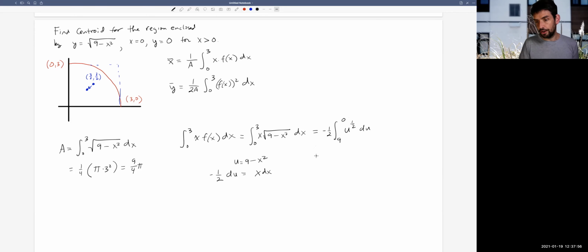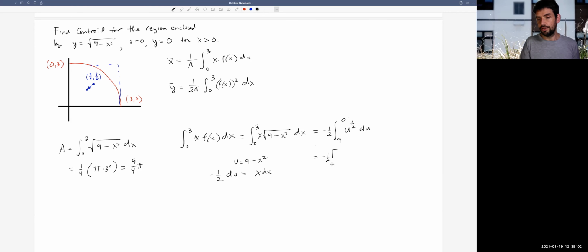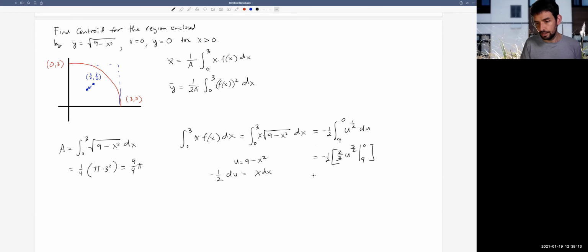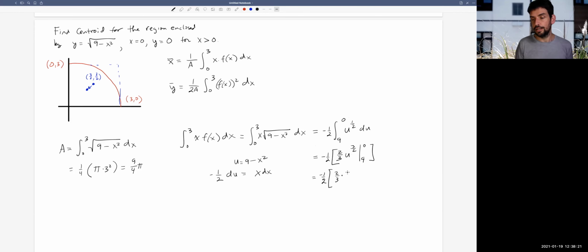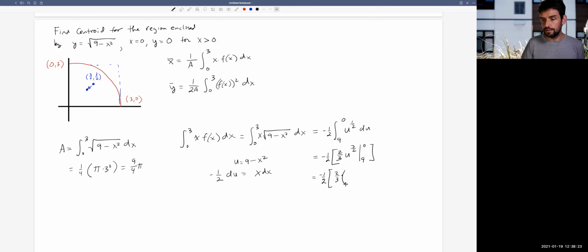Okay, so let's take our antiderivative. I've still got a negative 1/2. The antiderivative, the power goes up by 1, but we get the reciprocal of that power right here, and we're evaluating it from 9 to 0. So I've now got negative 1/2, I'll have 2/3 times, when we put in 0, we get 0.